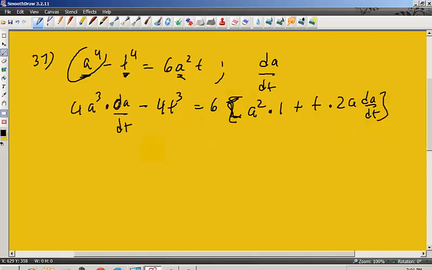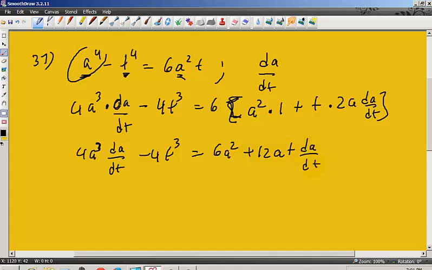So let's clean this up. I get 4a to the third dA dt, minus 4t to the third is equal to 6a squared plus 12at dA dt. So I have a dA dt here, dA dt there.